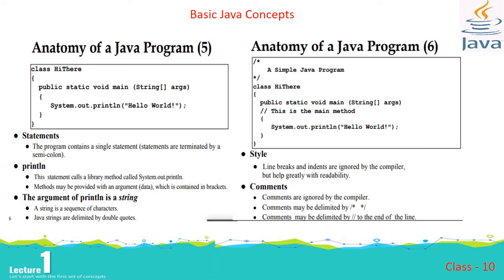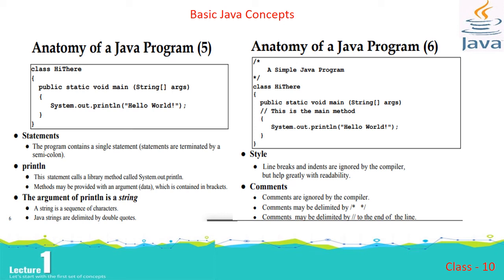Now every single statement in Java must be terminated by a semicolon. You are all familiar with this. Now the println in this program calls the library method System.out.println, and the method is to print something. Whatever we provide as an argument, it is going to print the value.